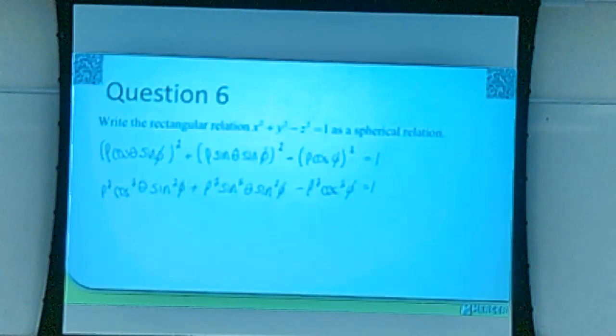Now you can factor out. There you go, that's the first thing you have to do. What are you factoring out? Rho squared sine squared phi. From what? The first two terms.